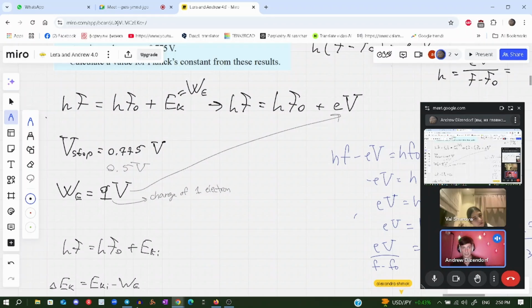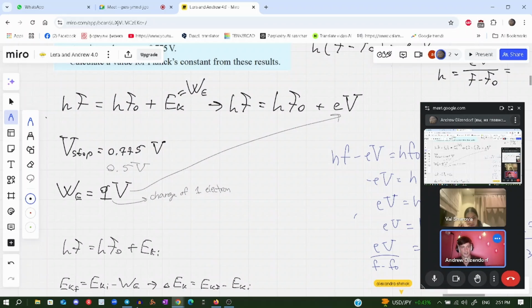But if this V is not the stopping V but less, you see, we just change the kinetic energy, but we don't stop them, so they still have some kinetic energy, right? And actually it's not true, it's E kinetic final minus E kinetic initial, but of course it would be a negative number, right?